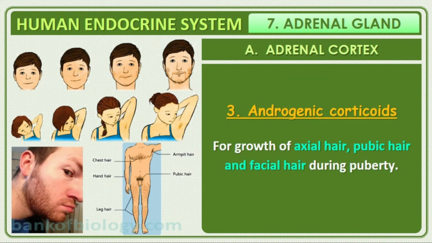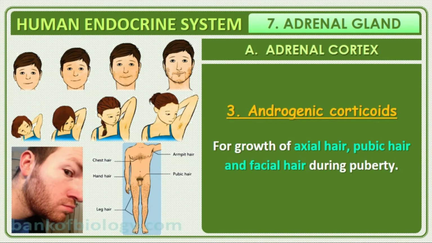The third secretion of the adrenal cortex is androgenic corticoids, for growth of axillary hair, pubic hair and facial hair during puberty. Do you understand? The adrenal cortex secretes three secretions.